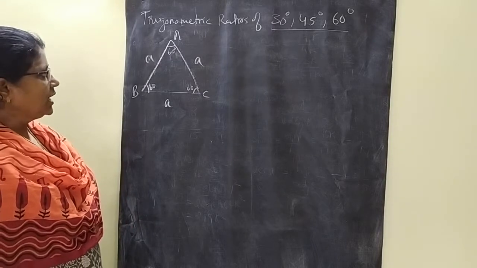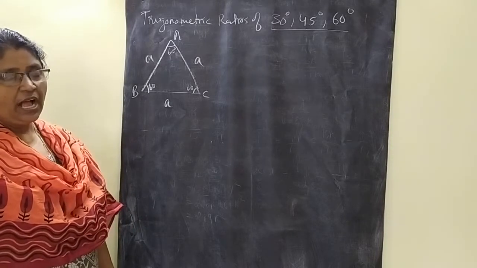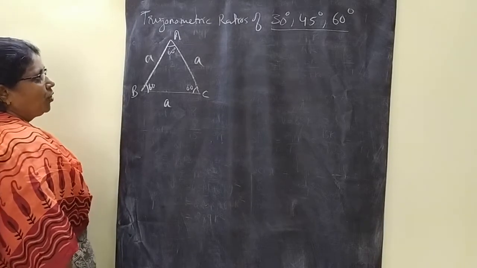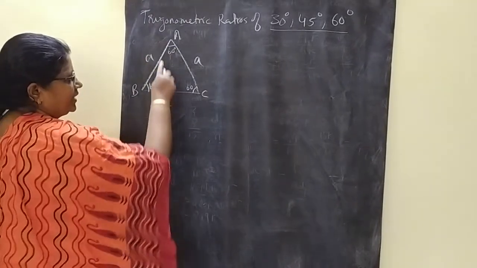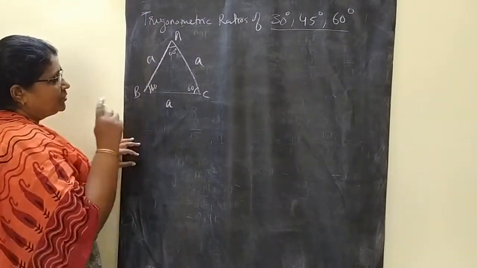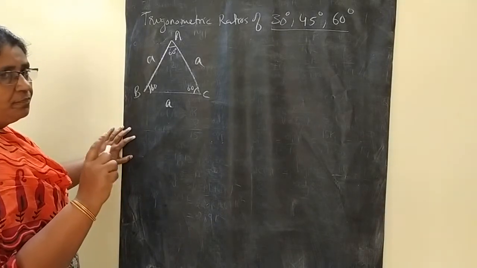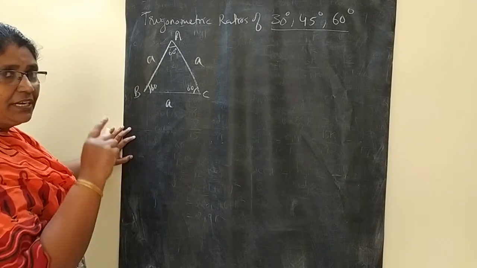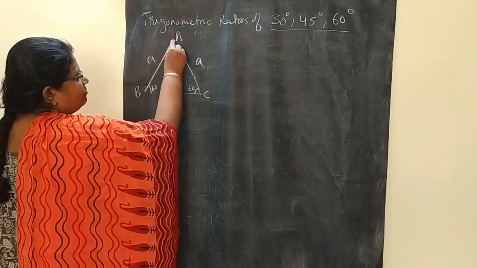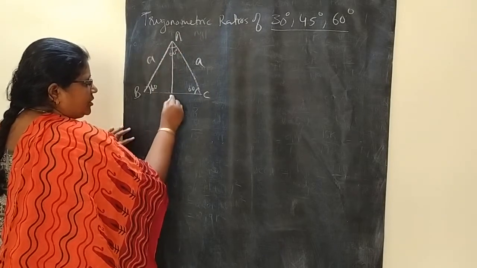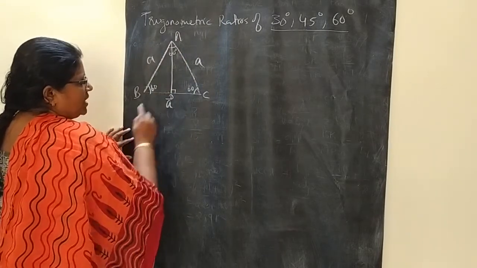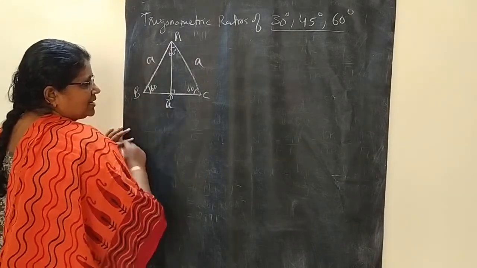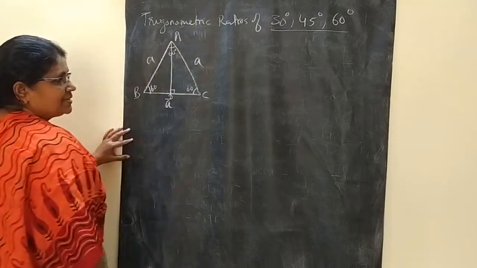Now we know that if we draw an altitude of an equilateral triangle, what is meant by altitude? It is the perpendicular drawn from one vertex to the opposite side. If we draw an altitude, it will be the median and it will also bisect the angle. So if we draw the altitude AD, D will be the midpoint of BC, since in an equilateral triangle the altitude and median coincide.